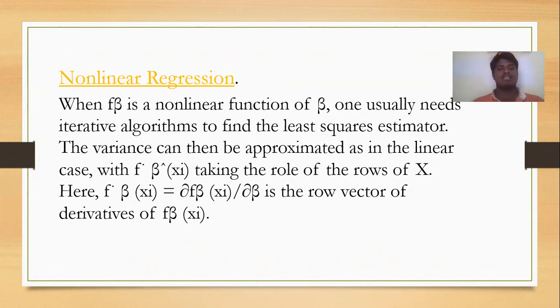The variance can be approximated as in the linear case, with the derivative of f at x_i taking the role of the rows of X. Here the row vector of derivatives is the partial derivative of f(x_i, beta) with respect to beta. We can see how we derive the formula in vector form.